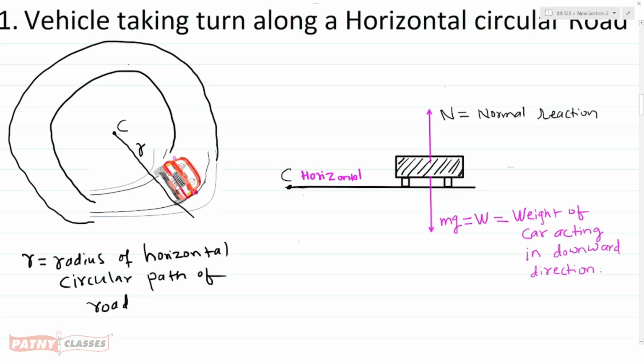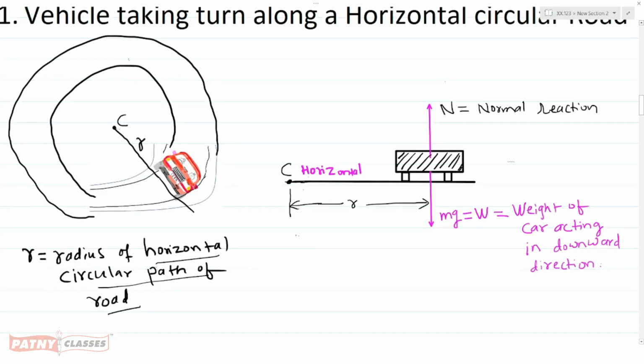Suppose C is the center of this circular path and R is the radius of the horizontal circular path. Let Fs be the force of static friction.